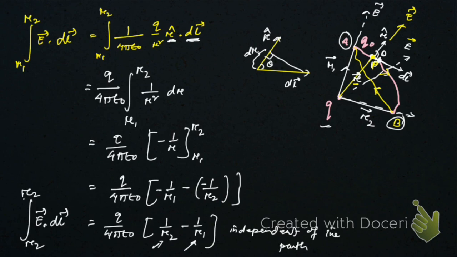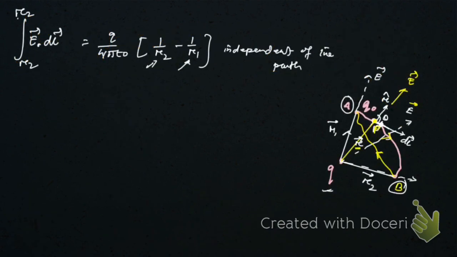Now if you find a closed line integral, let me write this expression again. If you find the closed line integral of E dot dl, that will be given by the line integral from r1 to r2 of E dot dl, then plus, again from r2 to r1 of E dot dl.